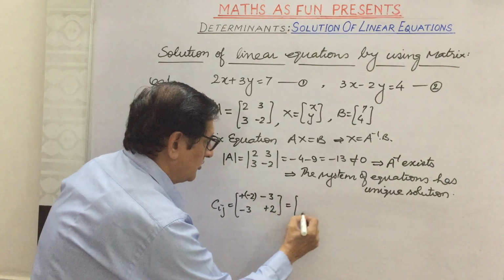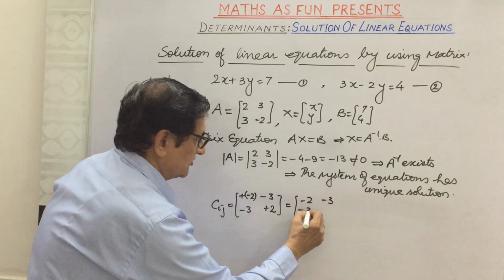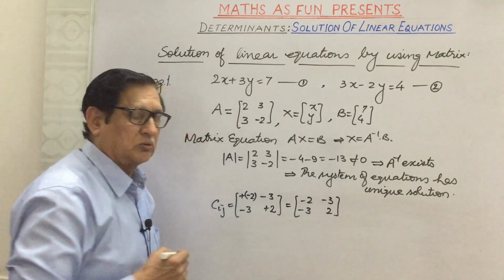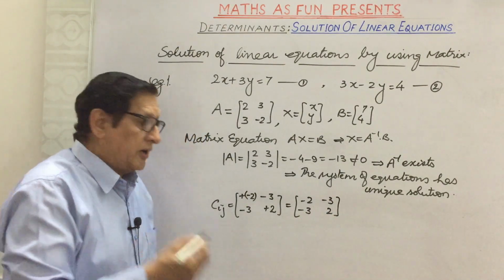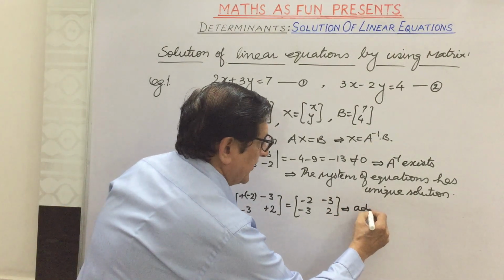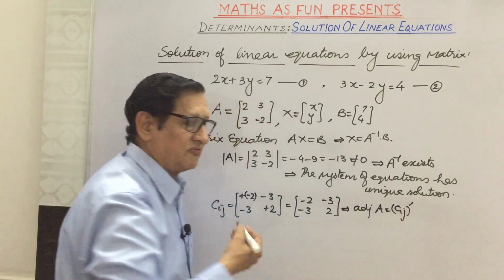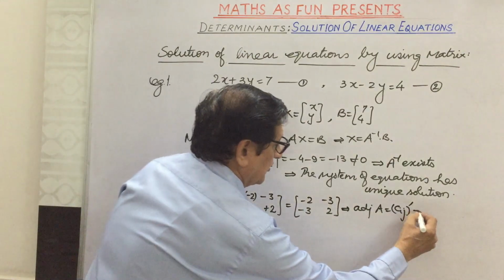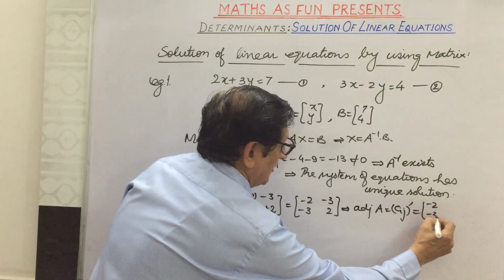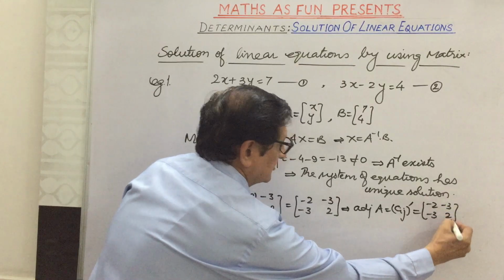This is equal to minus 2, minus 3, minus 3, 2. It means the adjoint of A will be equal to the transpose of Cij, that we know, and that will be equal to minus 2, minus 3, minus 3, 2.